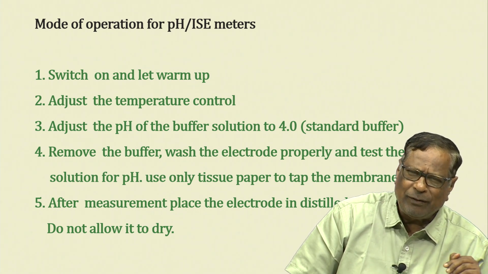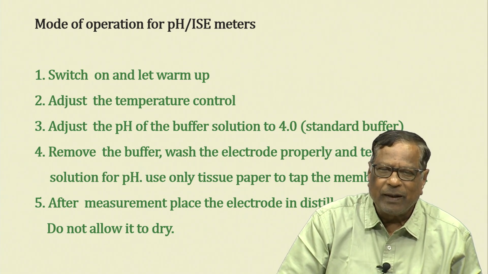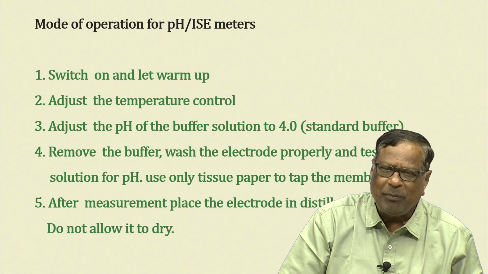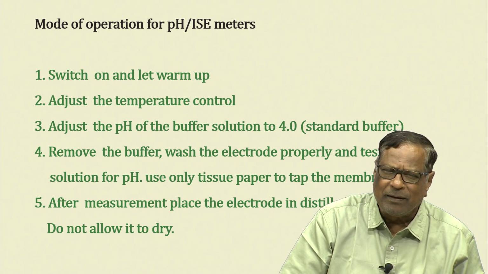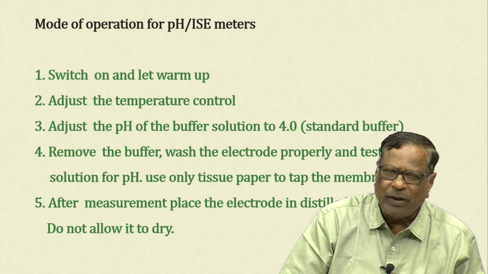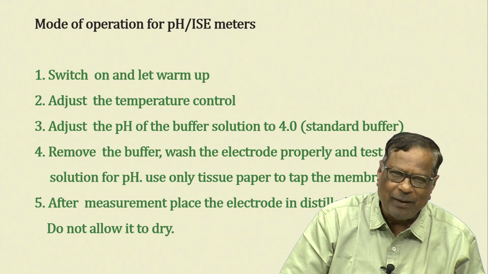So, we always advise, always keep this electrode in a solution, dipped in a beaker. Come and top it up once in 2 days, once in 3 days, make sure that the water does not dry in the beaker, and the electrode also should not dry in the beaker.